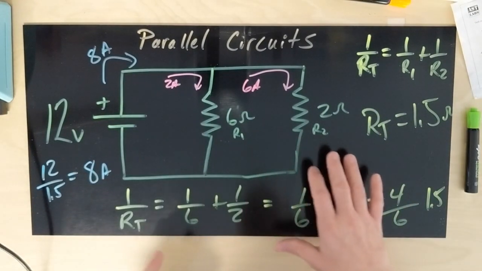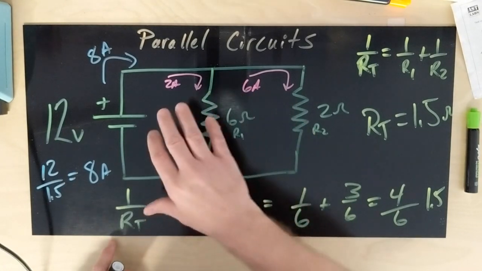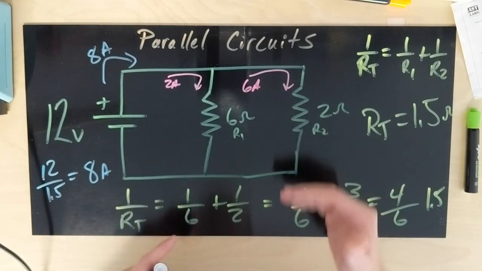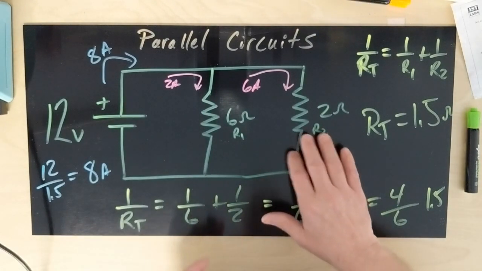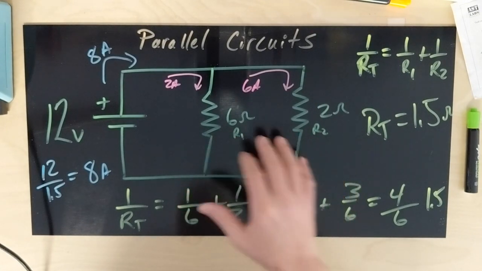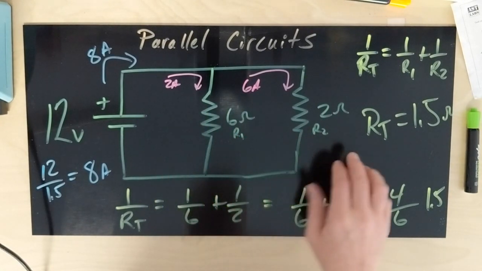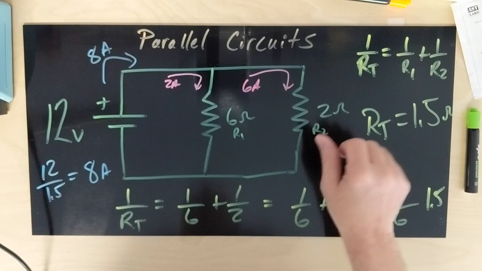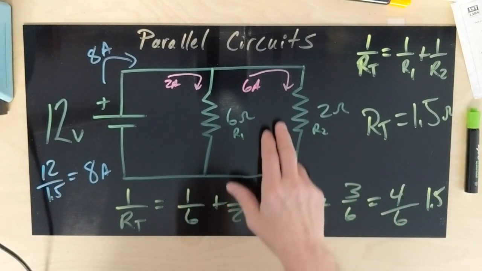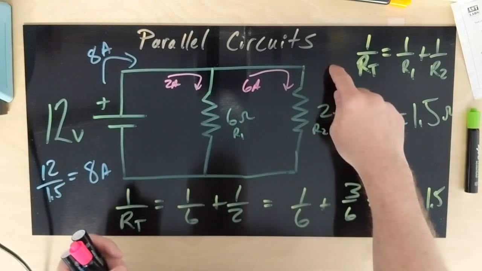Just remember, in series circuits like we learned about last episode, every time you add a resistor, your resistance goes up. And in a parallel circuit, each additional resistor added means your total, your RT, is going to go down. Sometimes it's hard to get your head around that, because I could come in and draw another line here.